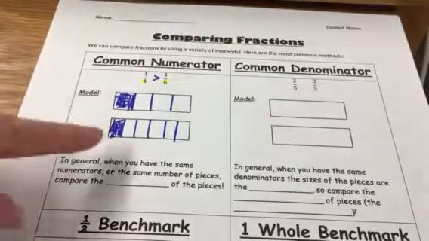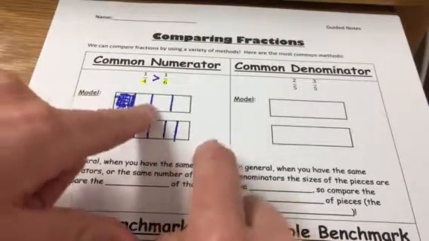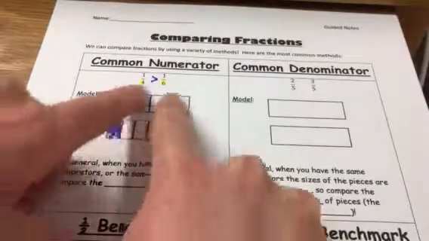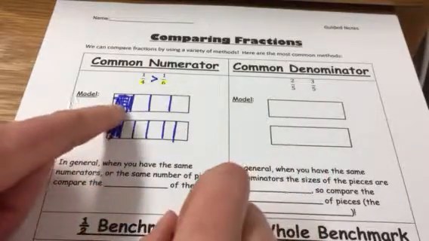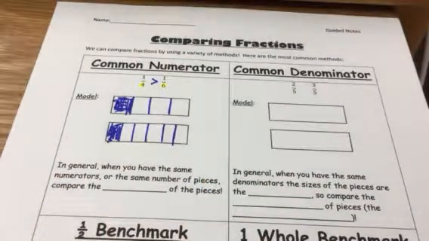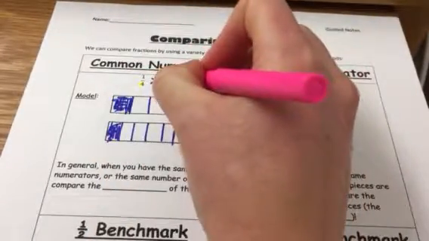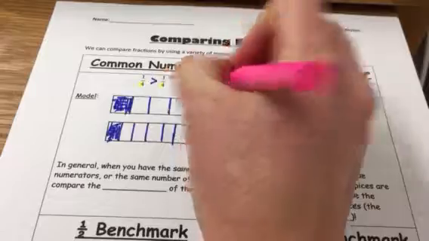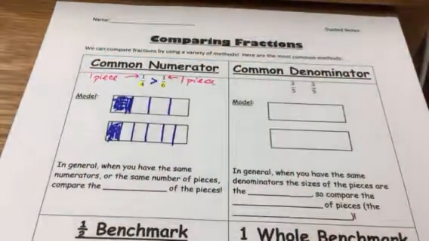Now, the more cuts you make, what happens to the sizes of your pieces? Envision if you just cut this in half, you created 2 equal pieces that are pretty big. Thirds are also pretty big. Quarters, fifths, and sixths. The more cuts you make, the smaller your pieces become. So if we have the same number of pieces, so I have 1 piece in this case, and I have 1 piece in this case, what I can now do is compare the sizes of the pieces.